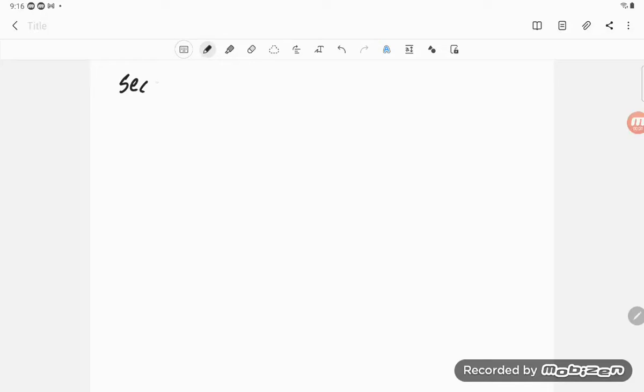So here's section 7.1, and in this one we're at least starting with definition 7.1.1 and theorem 7.1.1.